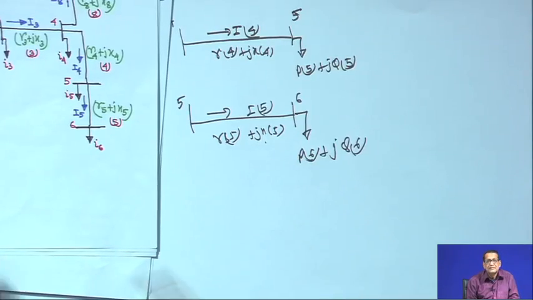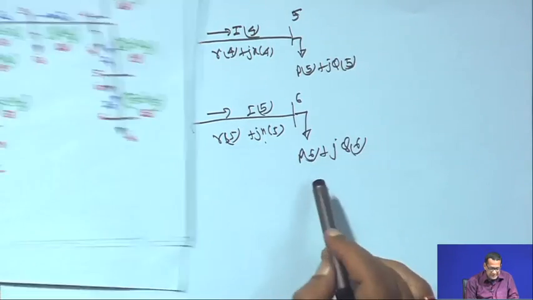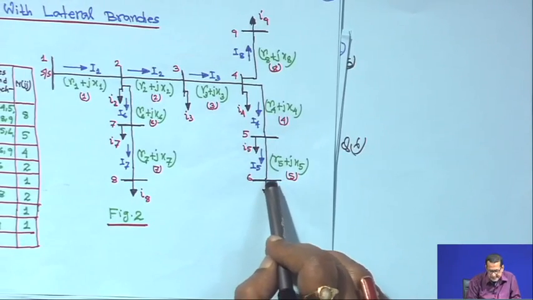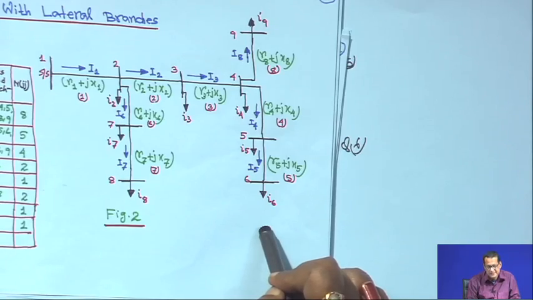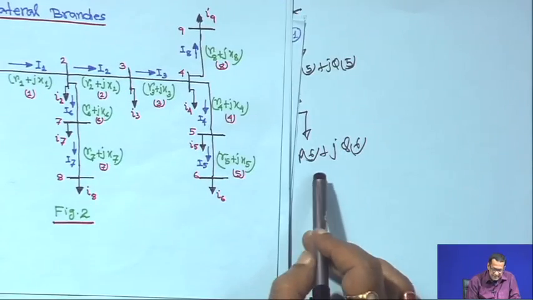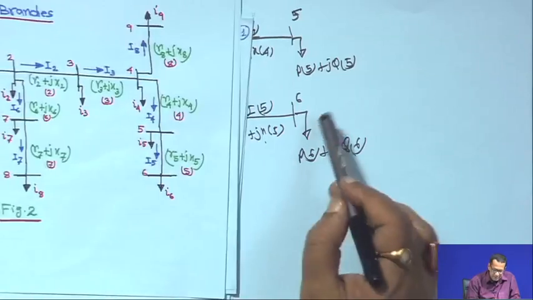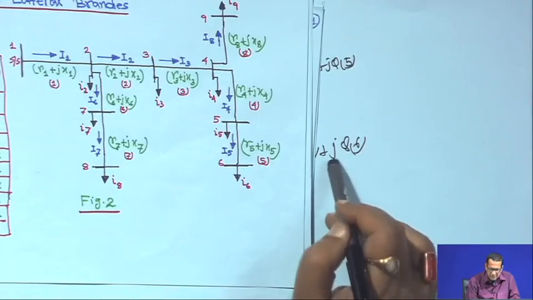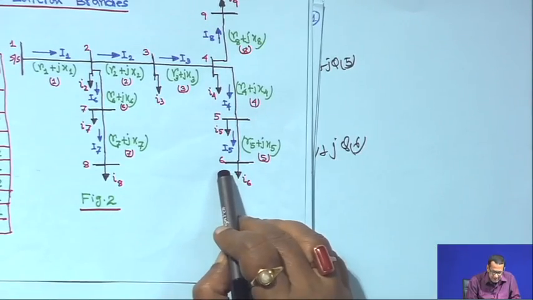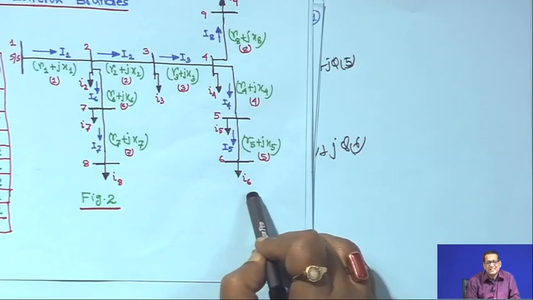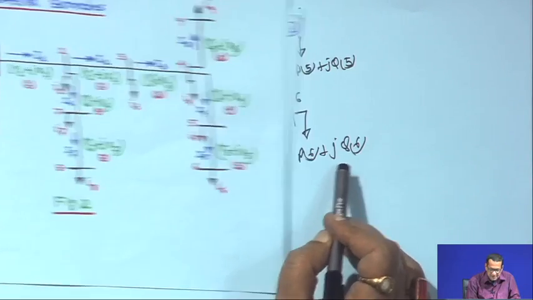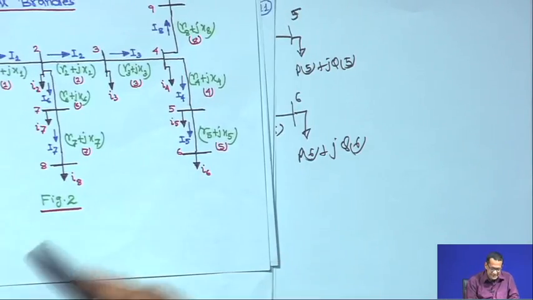Now this is the last node, beyond this there are no other nodes or branches. So, what is P 6, the total load fed through this node? P 6 is equal to P L 6 and Q 6 will be just Q L 6, because this is the last node.